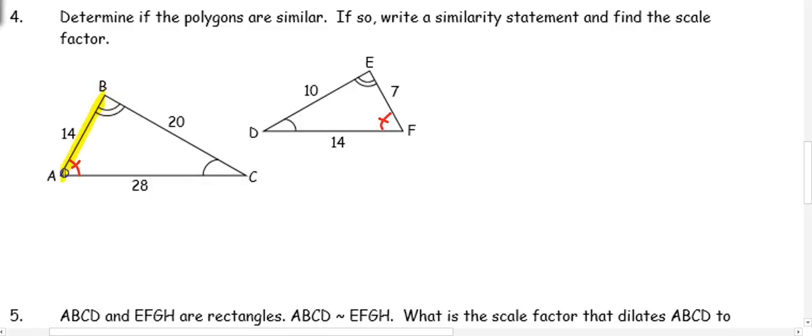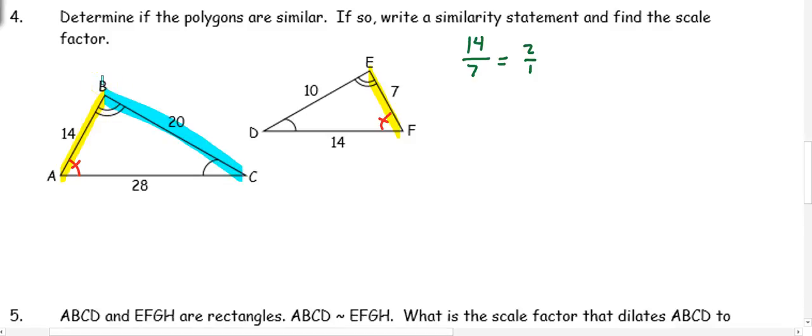So AB is touching the red marked angle and the angle with two arcs, which is similar to the side EF. So one proportion that we're going to set up right now is 14 over 7, and that reduces to 2 over 1. Then I'm going to look at another set of sides, so I'm going to do BC.